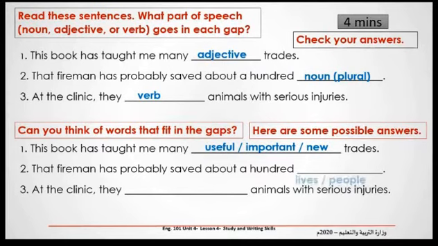Number two, that fireman has probably saved about 100 lives or people. Number three, at the clinic, they see, treat, deal with animals with serious injuries.